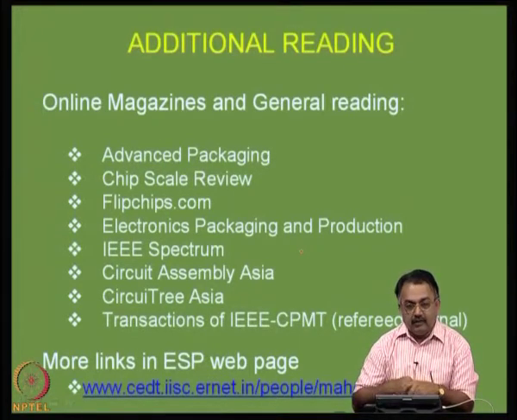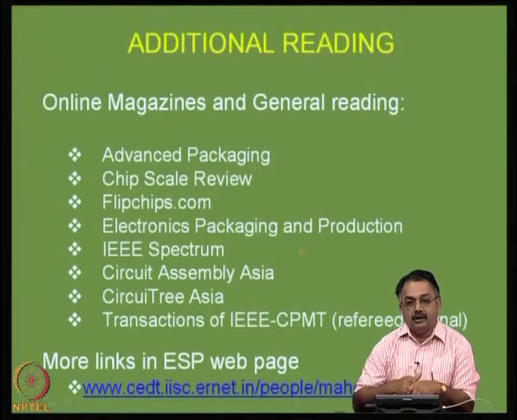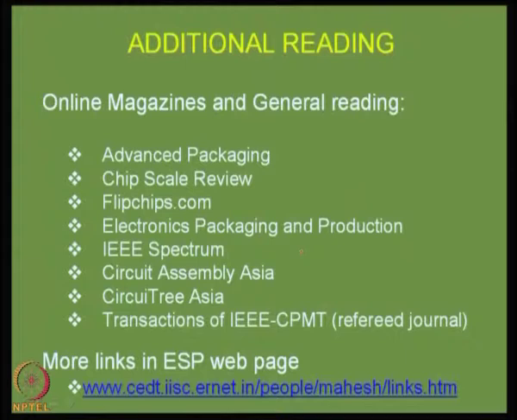Online magazines are recommended to read because very excellent packaging journals are available today, like Transactions of IEEE CPMT Journal, which is a refereed journal for researchers in packaging. Magazines like Advanced Packaging, Chip Scale Review, which are monthly magazines which give you current state of the art technology issues globally, both academic and industry are presented. Electronics packaging and production.